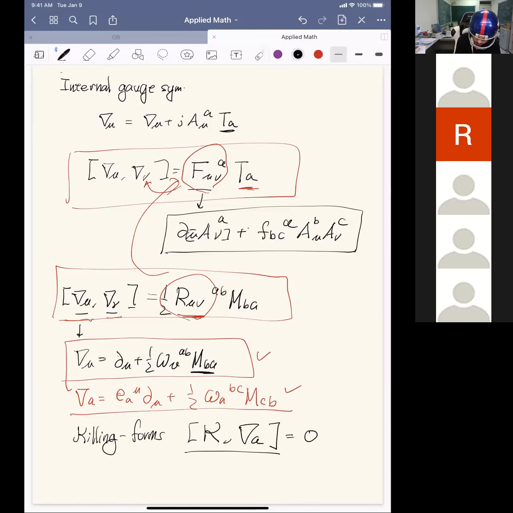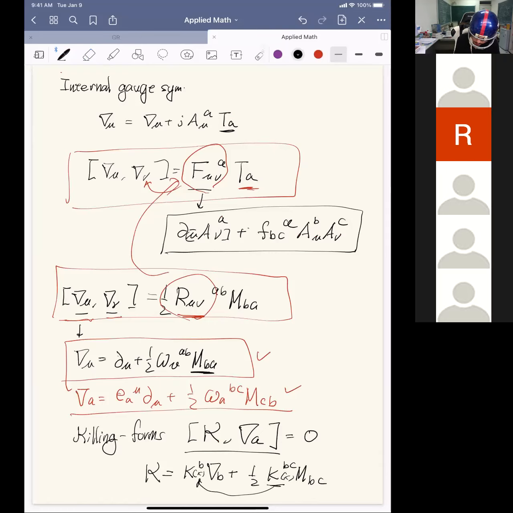That's what defines the Killing forms. Then you can expand K once again on the covariant derivatives. So you're going to have these two fields, and by going through the commutator, you'll see that this field will be determined in terms of this field.